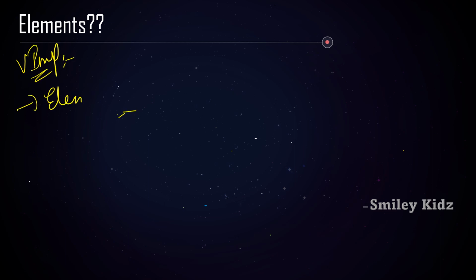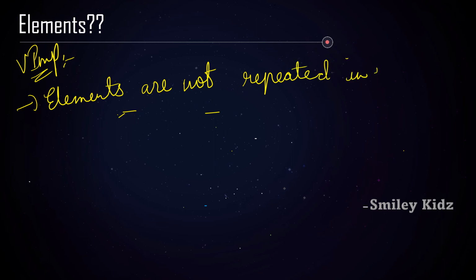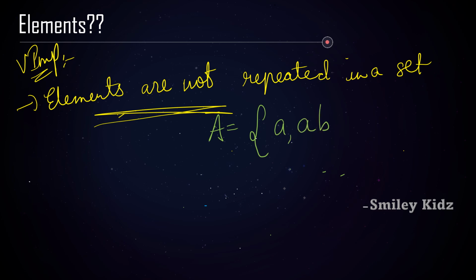Elements are not repeated in a set. Now what does that mean? You cannot write A is equal to A, A, B. No, you cannot do that. Here A cannot be written twice.